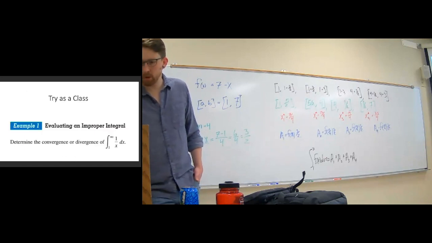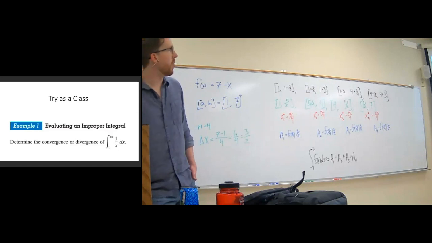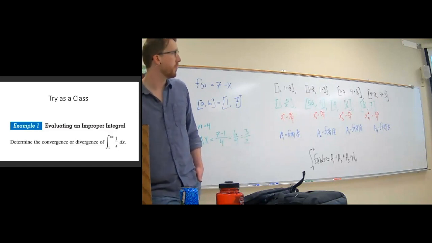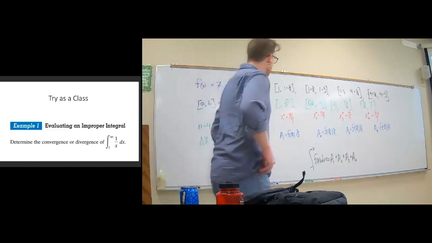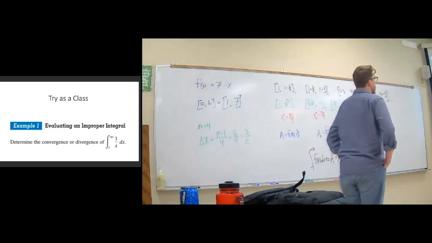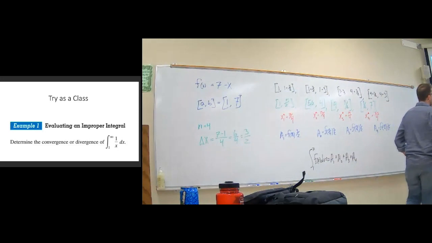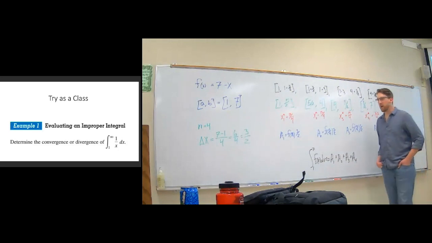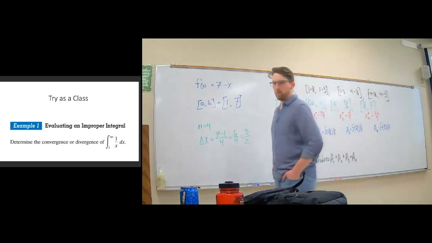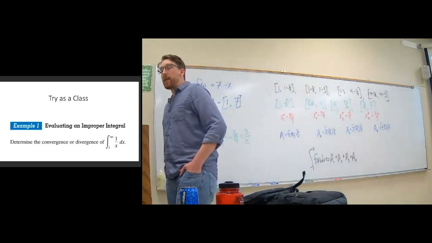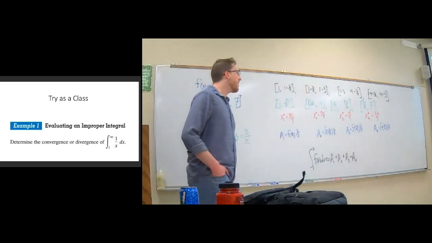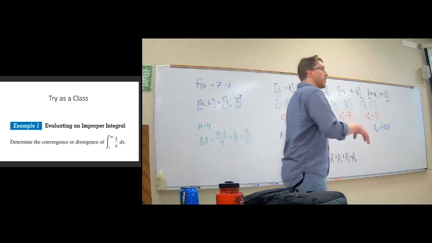So we want to take the integral from 1 to infinity of 1 over x dx. First question, do we expect this to come out to be a nice number, or do we expect this integral to be infinity? I don't think it'll be. Well, this is going to go off to infinity. And in that way, we have an idea of convergence and divergence.